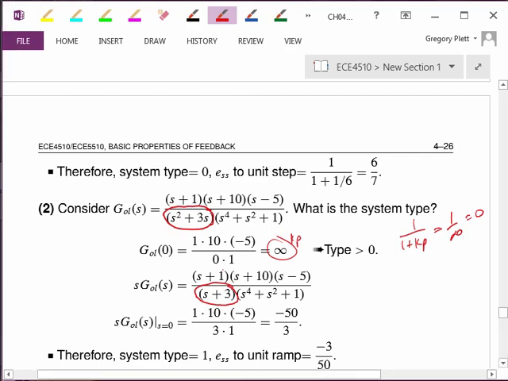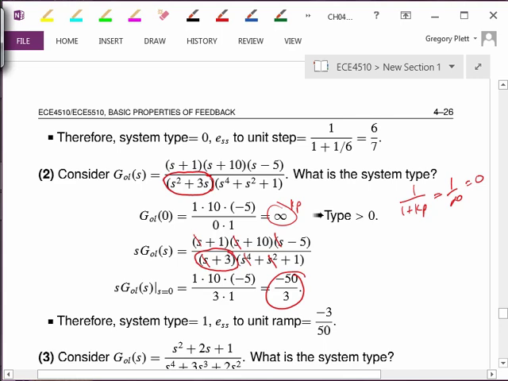Now when I put in s equals 0, my numerator is 1 times 10 times minus 5, which is minus 50. The denominator is 3 times 1, which is 3. And so I have a velocity error constant of minus 50 over 3 and a steady state error to a unit ramp of minus 3 over 50, and it's a type 1 system.